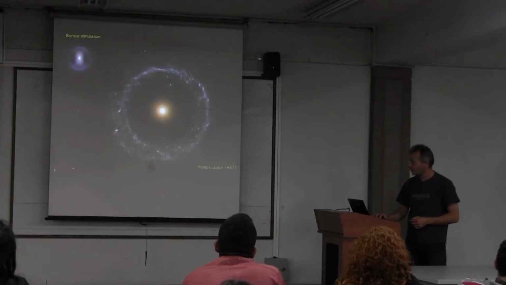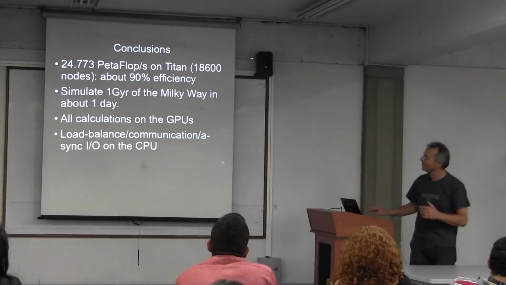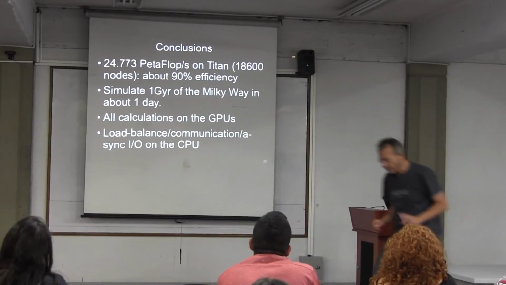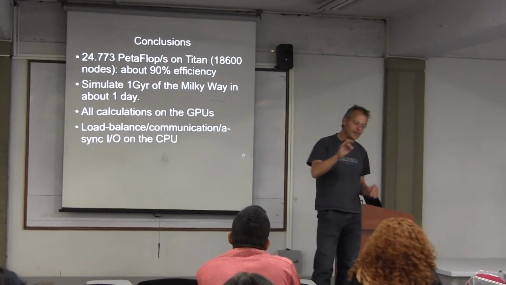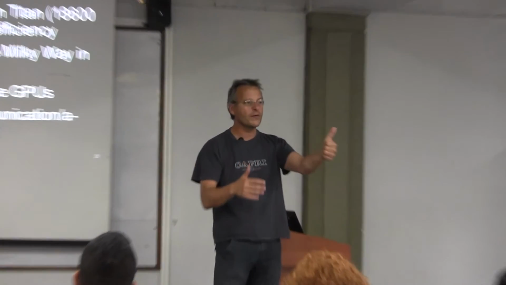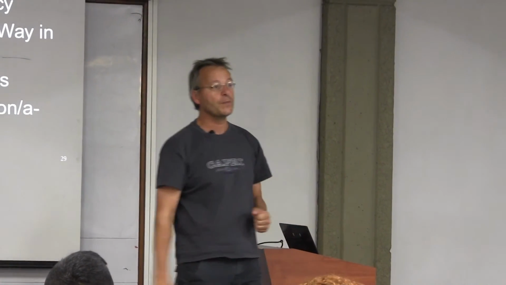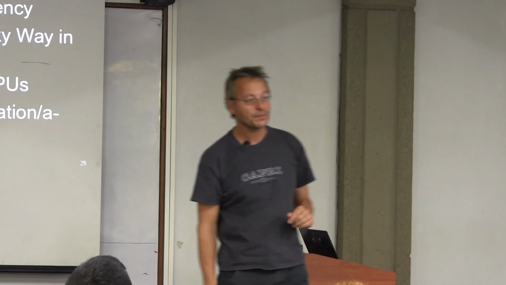And let me see if I have a slide on it. So let me explain in an easy way. And I can tell you the details. In Titan, a node is composed of 1 graphics card and 16 chips, 16 CPUs.